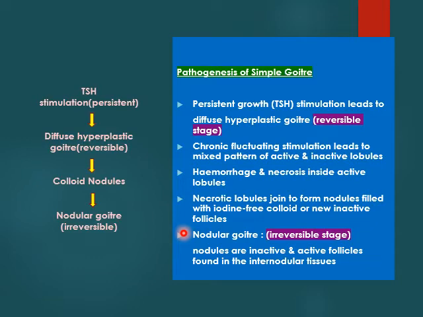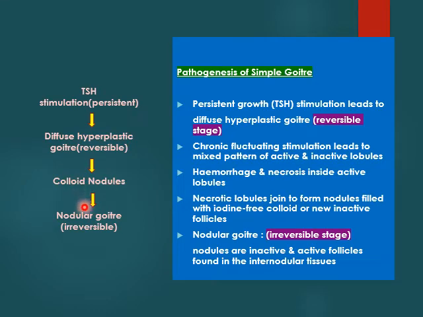Okay, now this is the pathway. Persistent TSH stimulation causes diffuse hyperplastic goiter, which is reversible. Then, due to chronic fluctuating stimulation by TSH, thyroid nodules, colloid nodules, are formed.